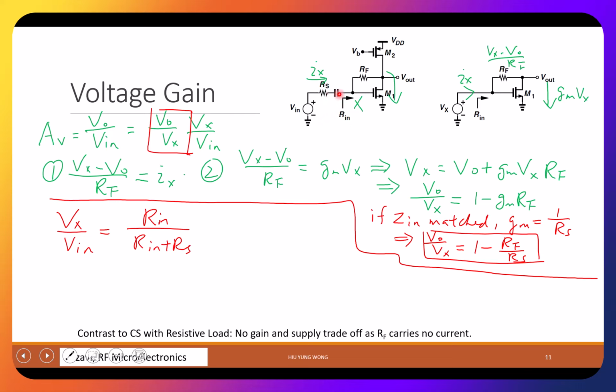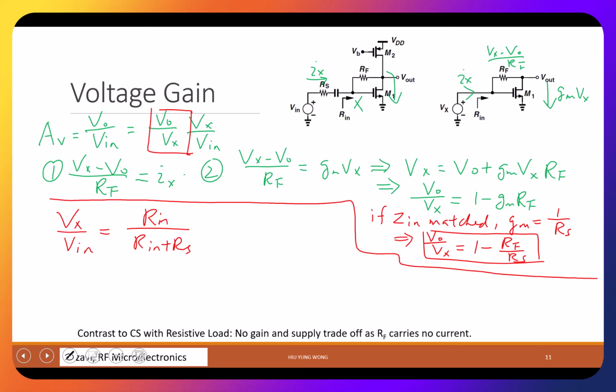Then how about the capacitor? I say again, don't care. Why we don't care? Because it is only useful at DC. At the frequency we are operating, we choose a capacitor that is large enough that we don't care. When it's large enough, your impedance 1 over omega C becomes 0.